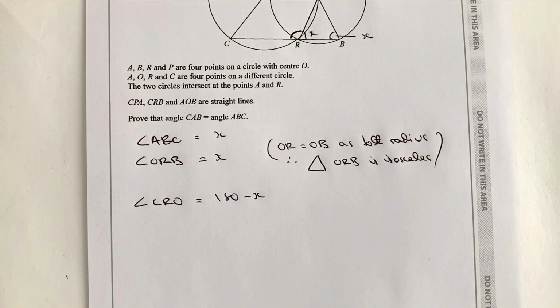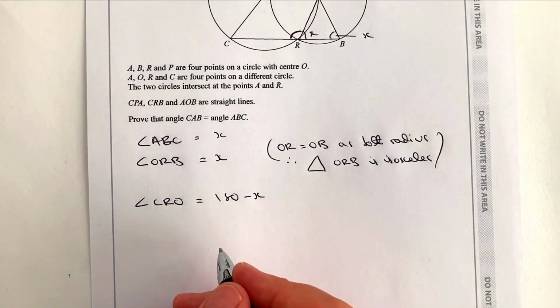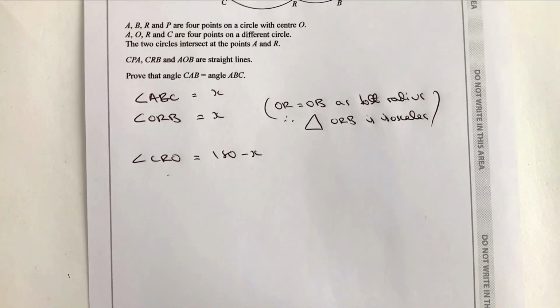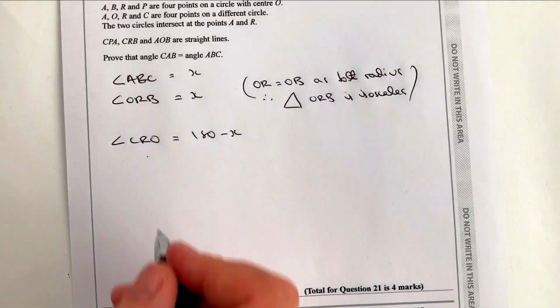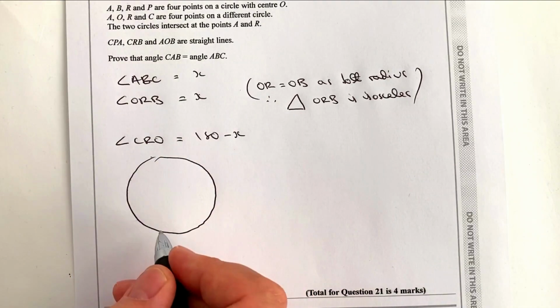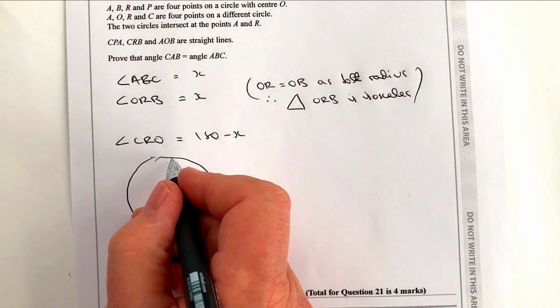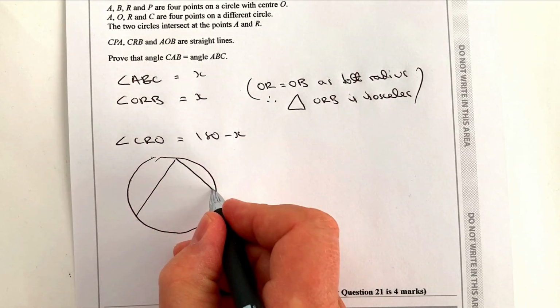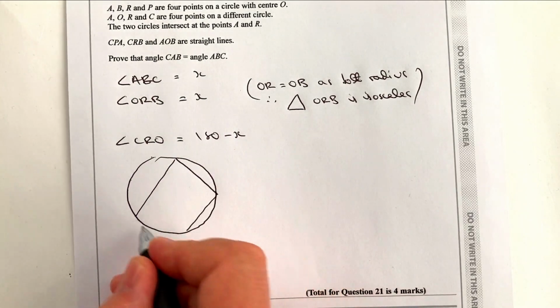Now if it's 180 minus X, then what we mean is that angle CAB, so I think what I'll do is see if I can get this on the screen a bit better. So here's my circle, and I'm just now going to make a quick copy of what I've got with the cyclic quadrilateral, which is there.